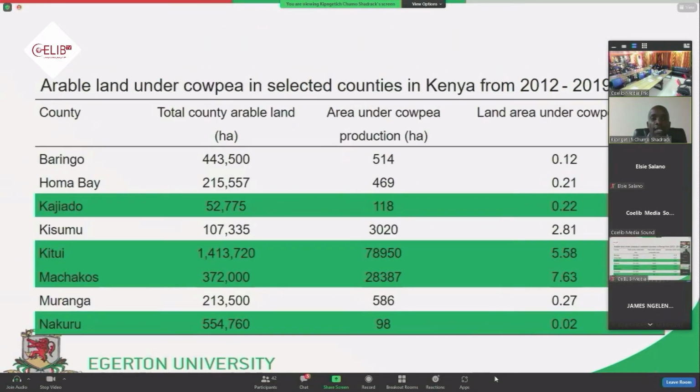In terms of areas under cowpea in the selected counties, the production in these counties is low, with Kitui, Kajiado and Kisumu counties leading, despite the fact that the production in these counties is low.